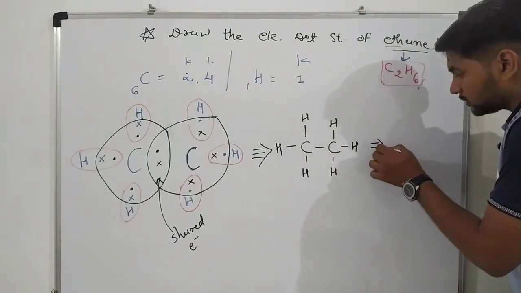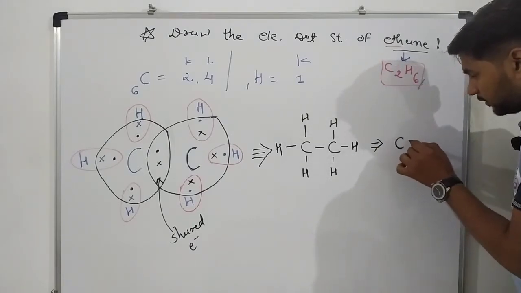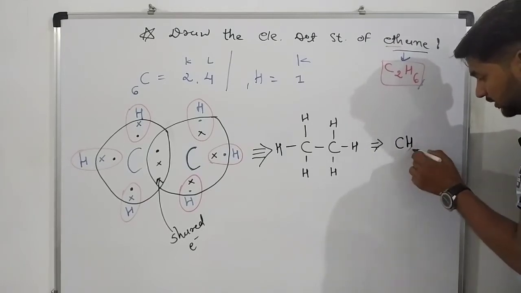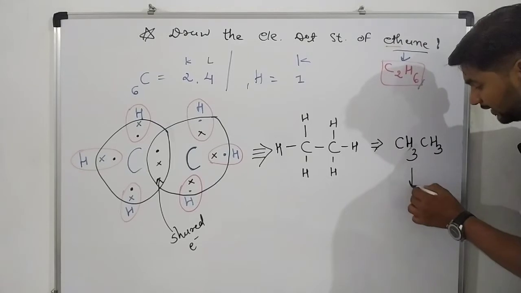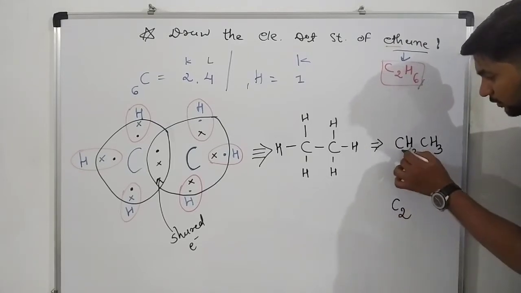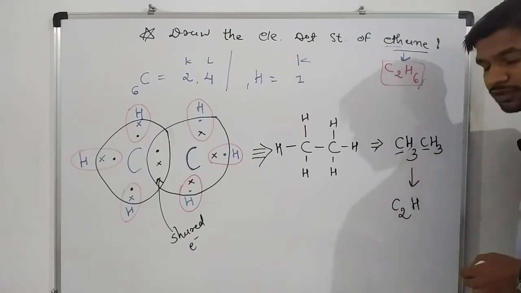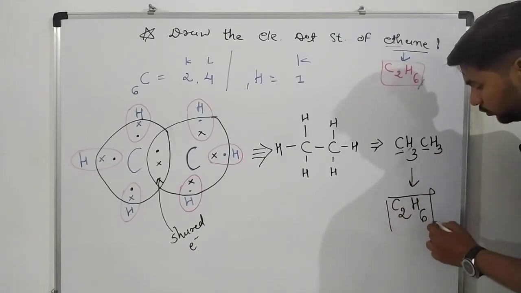Now this structure we can also write like this. How? CH3, CH3. We can also write C2, since there are 2 carbons, and H6, since there are 6 hydrogens: C2H6.